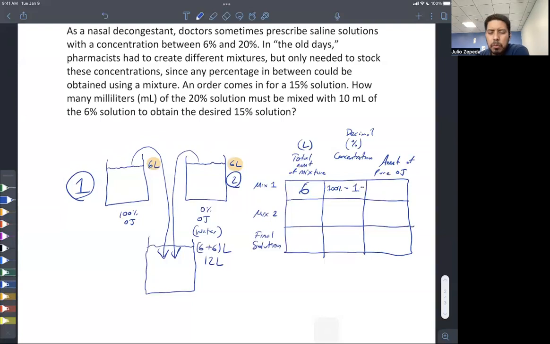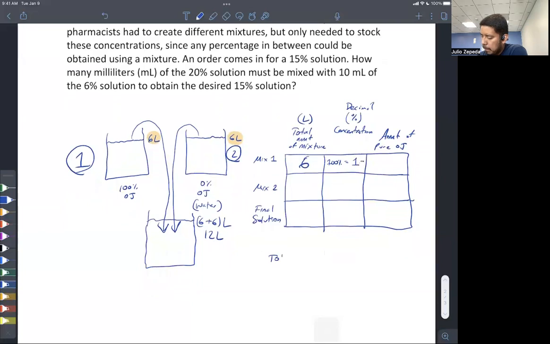So how much pure orange juice is inside of this first mixture? I could multiply the total amount of mixture by the concentration, and this gives me the amount of pure orange juice in that mixture.